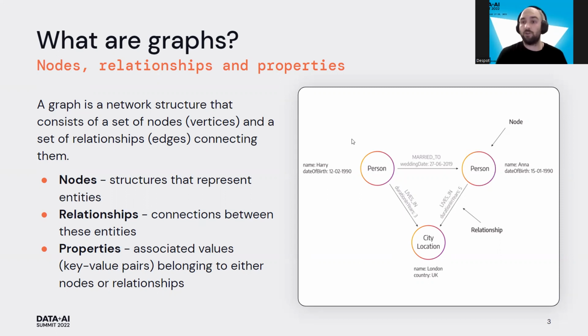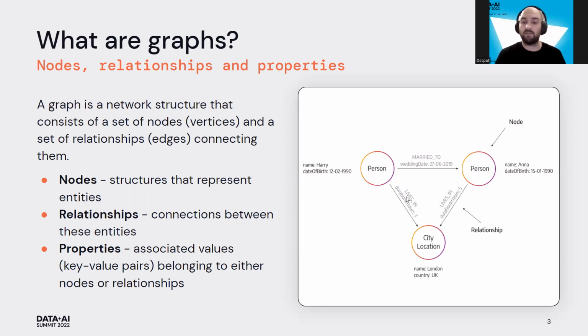They also have properties, key value pairs, that add some additional information to them. For example, this person has the property name and the property date of birth. The city and location node has the property name and the property country. The relationships between the nodes also have a type.